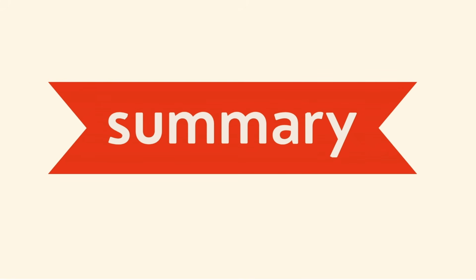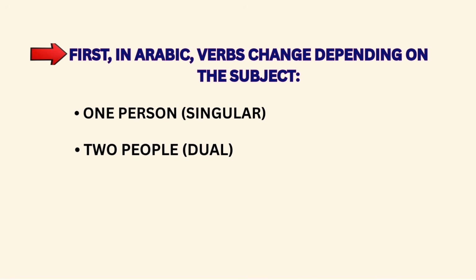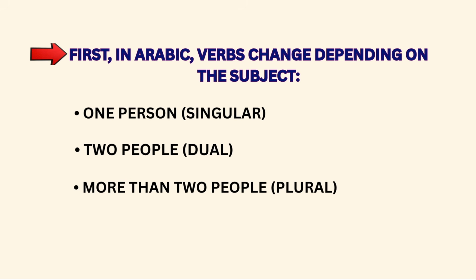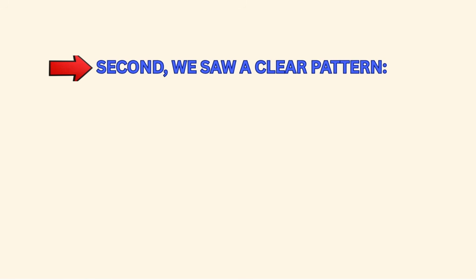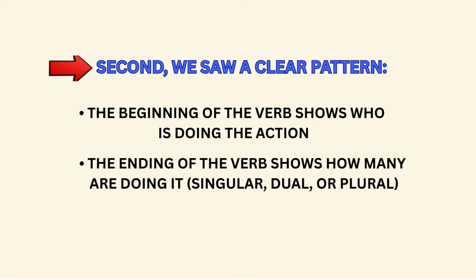Now, let's summarize what we've learned in this lesson. First, in Arabic, verbs change depending on the subject. One person, singular. Two people, dual. More than two people, plural. Second, we saw a clear pattern. The beginning of the verb shows who is doing the action.